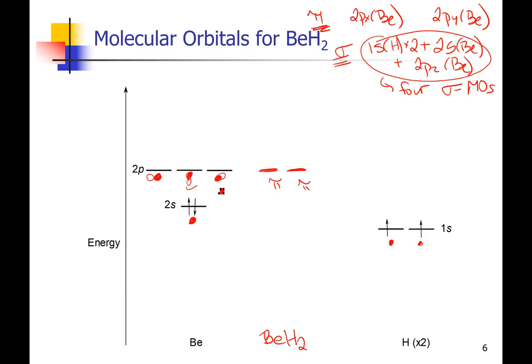Now we need to take our 4 sigma symmetric atomic orbitals. We combine them to make a set of sigma symmetric molecular orbitals. As I mentioned, the lowest energy, that 1 sigma, is going to be lower in energy than everything that combined to make it. The highest energy, that 4 sigma star, is going to be higher in energy than everything that combined to make it.